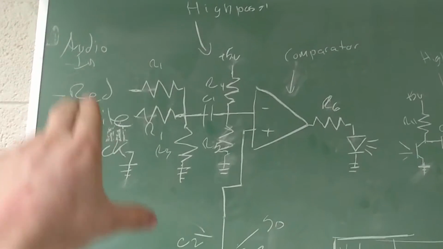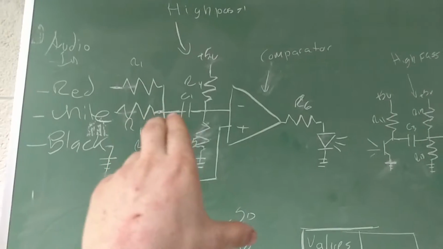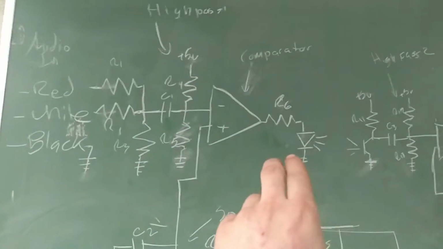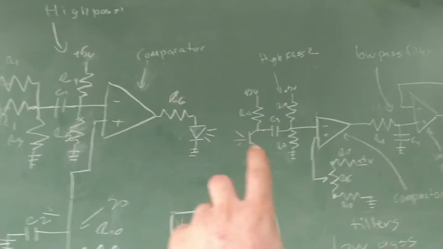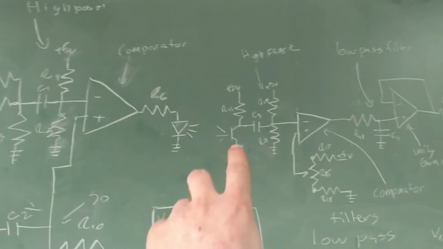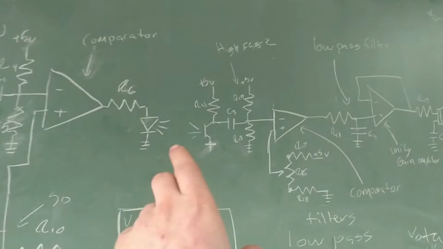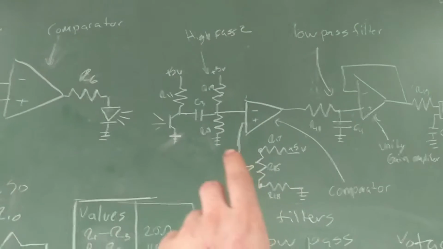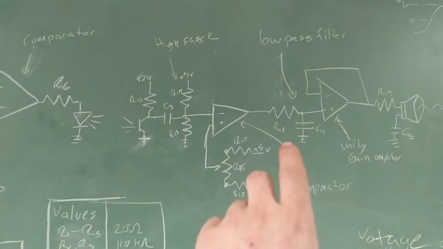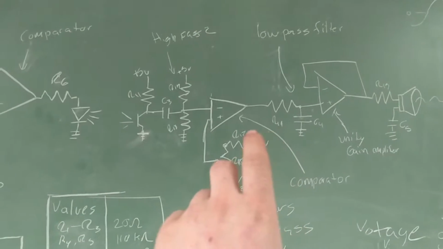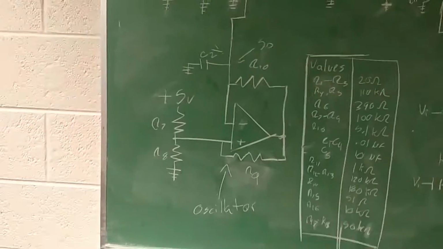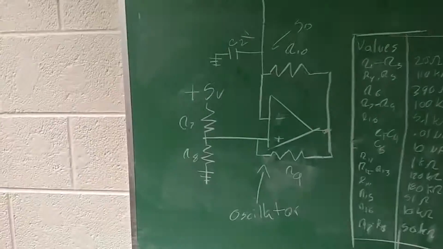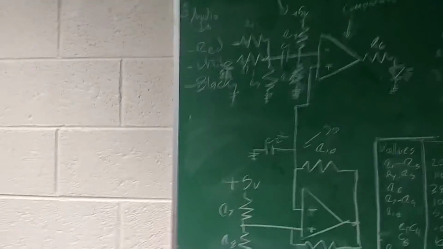So this is the analog in to the digital, and then these are the LED to the phototransistor connected by the light photons, and then the analog to digital, digital to analog. And this is the oscillator that I'll talk about later.